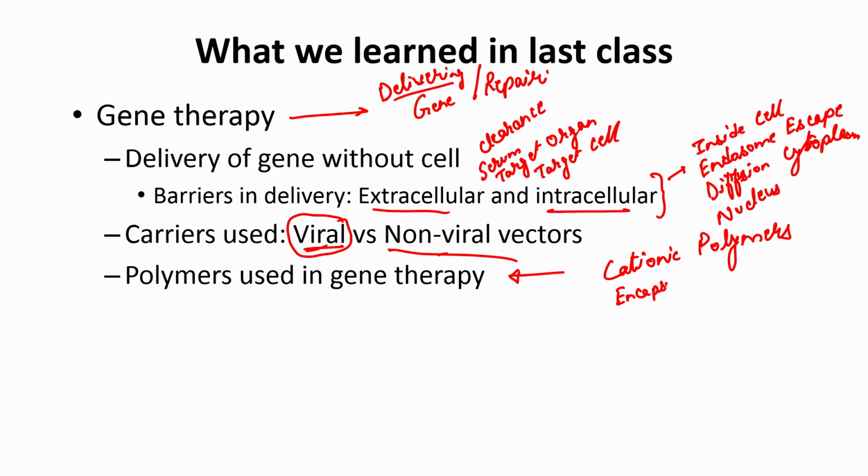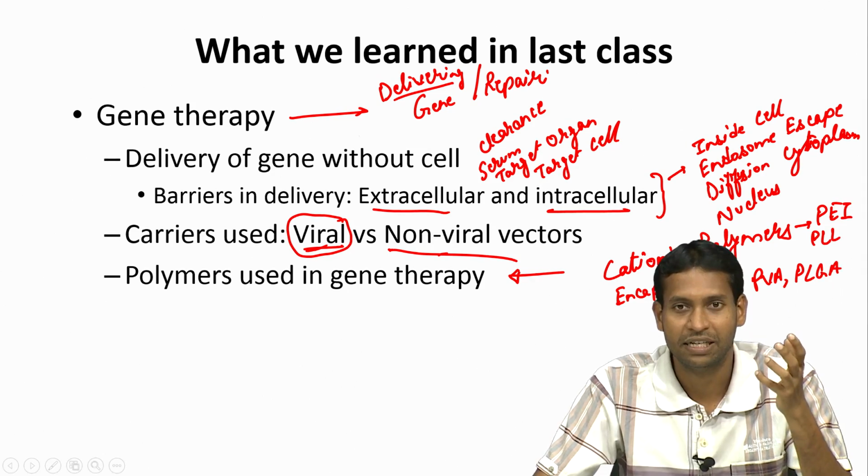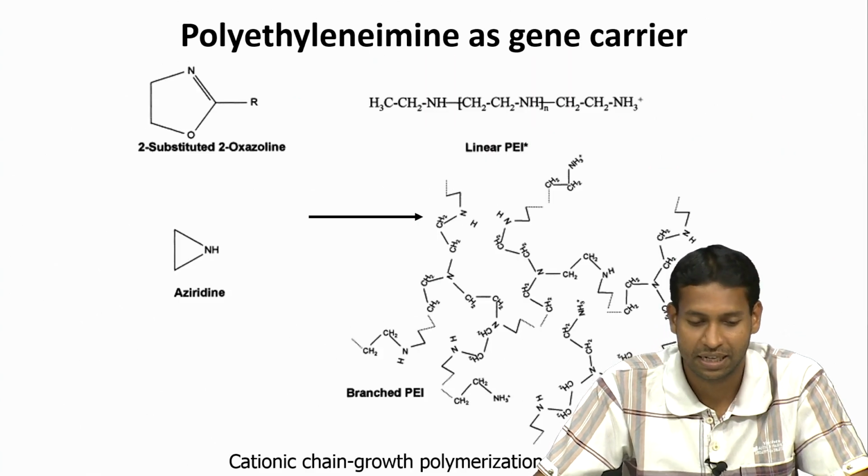So, they may or may not be cationic. Examples of cationic polymers were PEI, poly-L-lysine. Encapsulation could be through PVA, PLGA and other polymers. So, that is what we had discussed in the last class. We will take this discussion forward in this class.